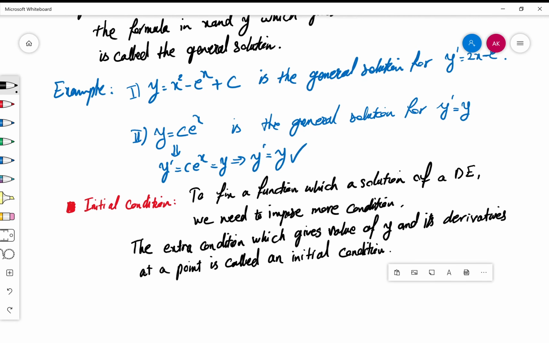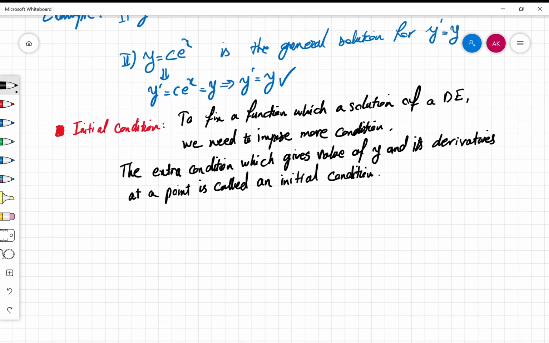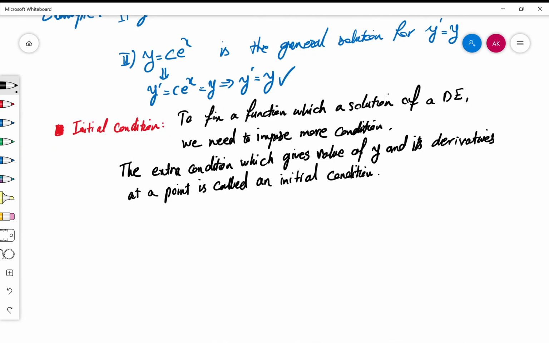And the solution that satisfies that is called a particular solution for that condition.